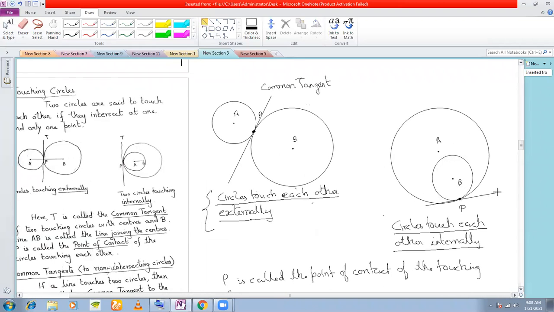This tangent passes through the point P. So therefore, this is also called the common tangent of the two touching circles. Whether they touch each other internally or externally, if there's a line passing through the point of contact of the two circles, then we call that the common tangent of the two circles.